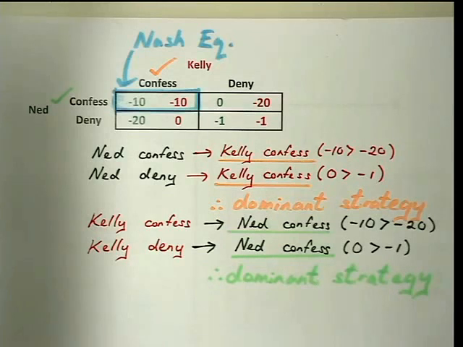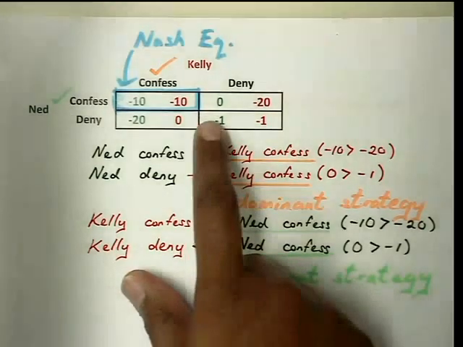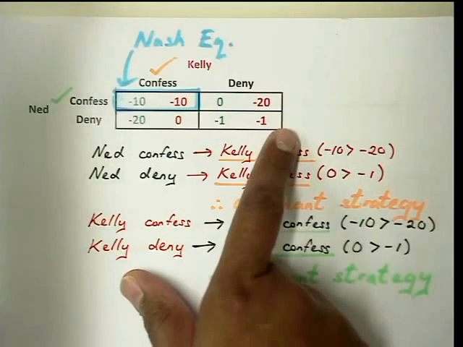Now, the interesting thing about this game is the best outcome for them had they worked together. Had they worked together, what would they have chosen? They would have both chosen to deny.